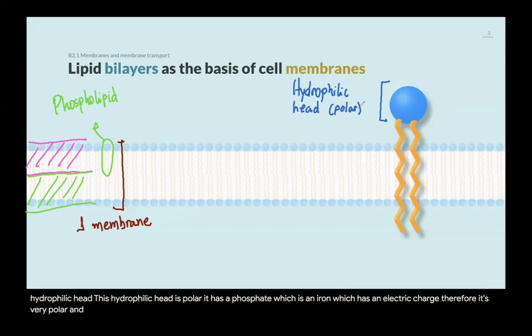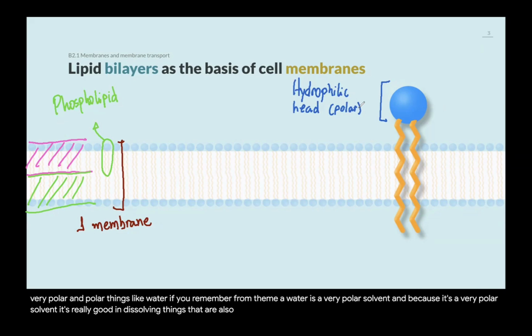And polar things like water, if you remember from theme A, water is a very polar solvent. And because it's a very polar solvent, it's really good in dissolving things that are also polar. But if the phospholipid was entirely hydrophilic, entirely polar, then the membranes would dissolve in water, and that's not good.